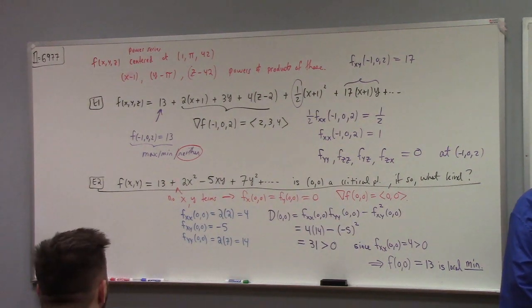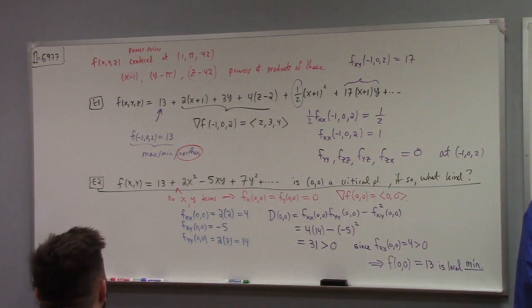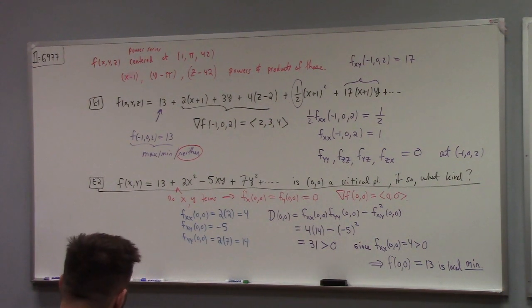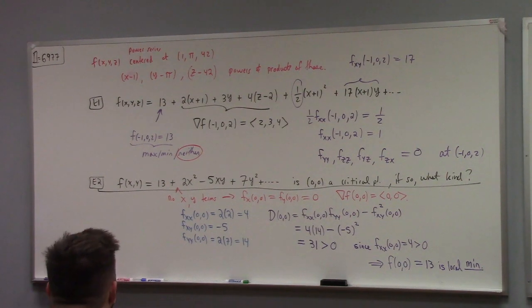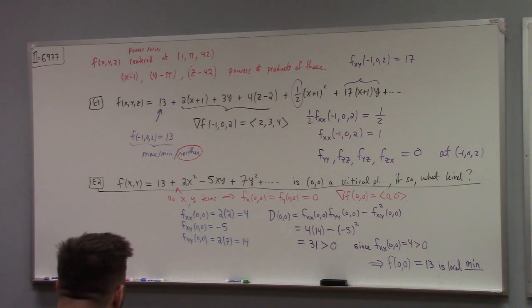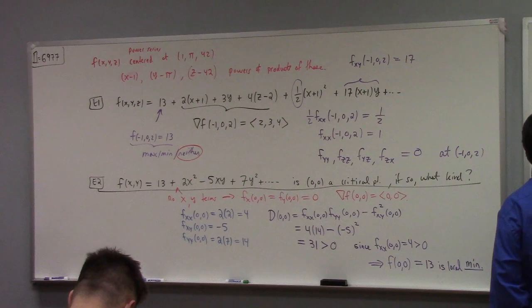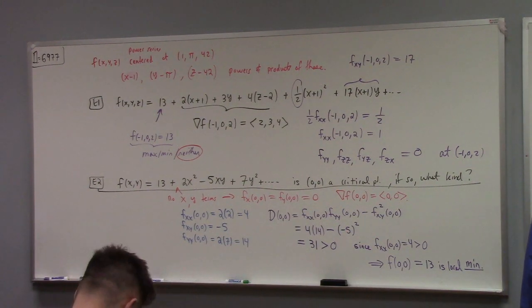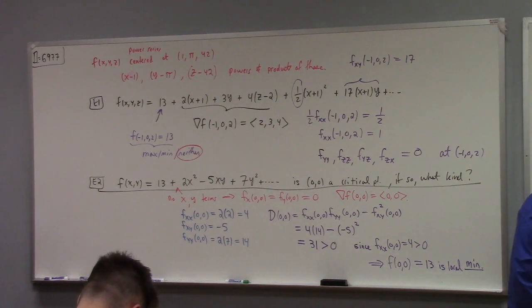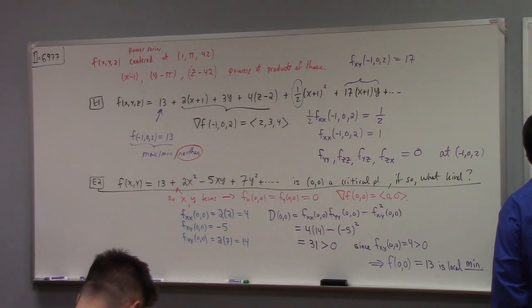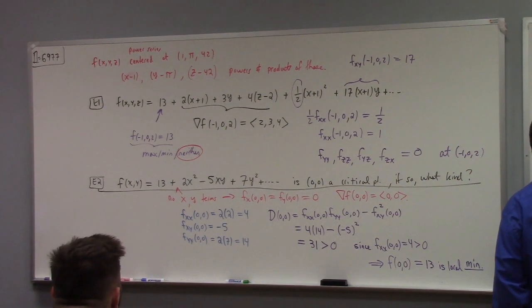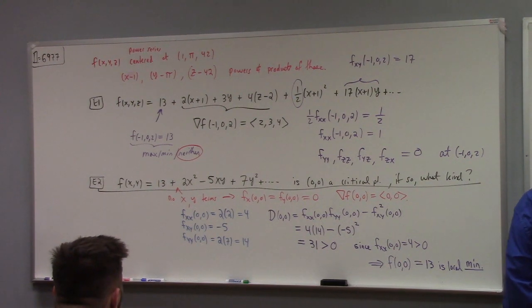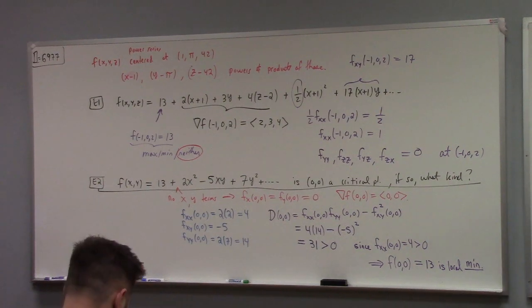If R is a closed set with boundary, then a continuous function f from R to the reals attains a maximum and minimum on R.